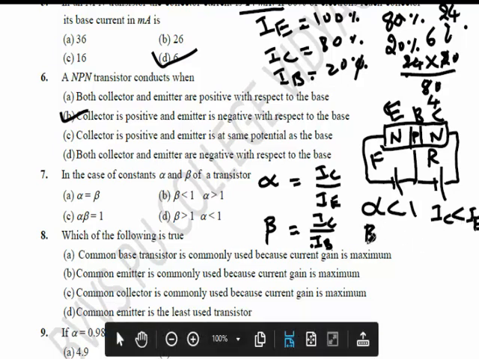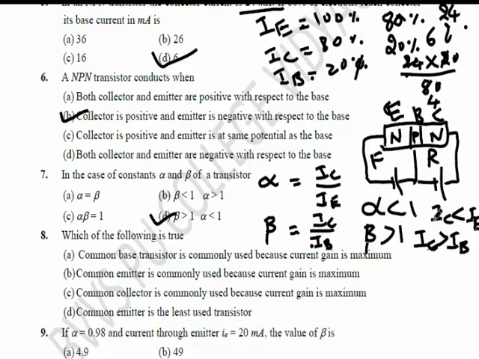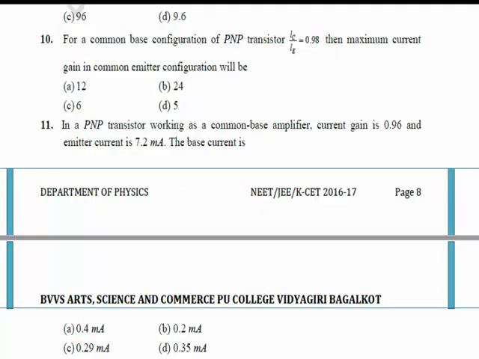Beta is greater than 1. Why is beta greater than 1? Because collector current is greater than base current. So the option is beta greater than 1, alpha less than 1. So option D. Okay, so move to the next question.